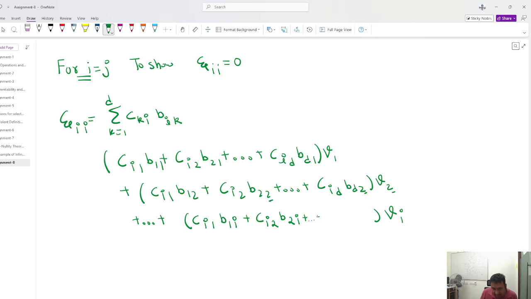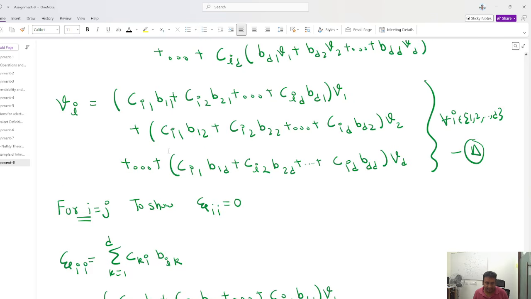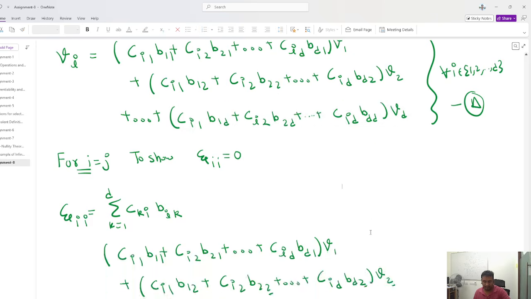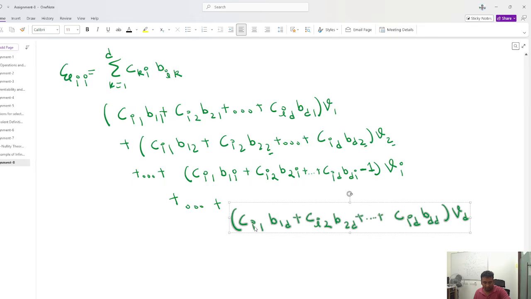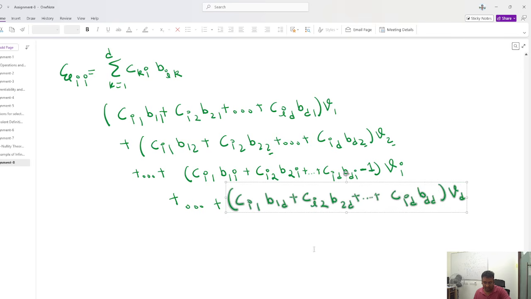Plus dot dot dot plus CiD BDI minus 1, because you have taken that VI to that side, plus dot dot dot, the final term, this one. And this is all 0.